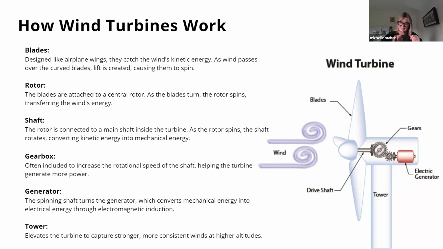So doing it by hand, I have to really push it, whereas if I have it on a gear system, what are gears designed to do? Speed something up or slow it down. So in that design, within the nacelle is the gear system and the electric generator. If you think about it, we're back to these energy transformations. We're using the power of the wind to mechanically turn the blades, which turns the gear, which then turns the generator.